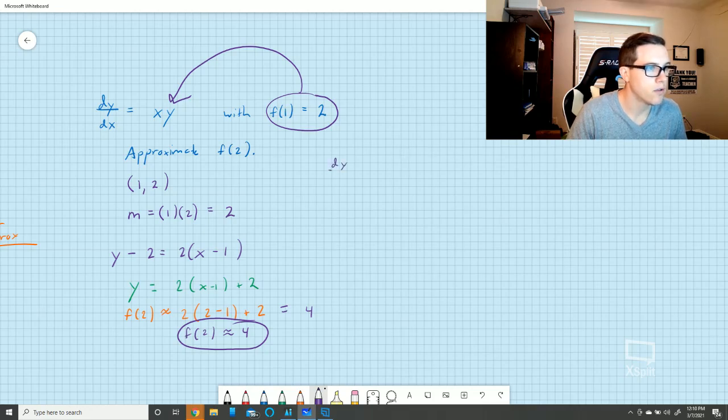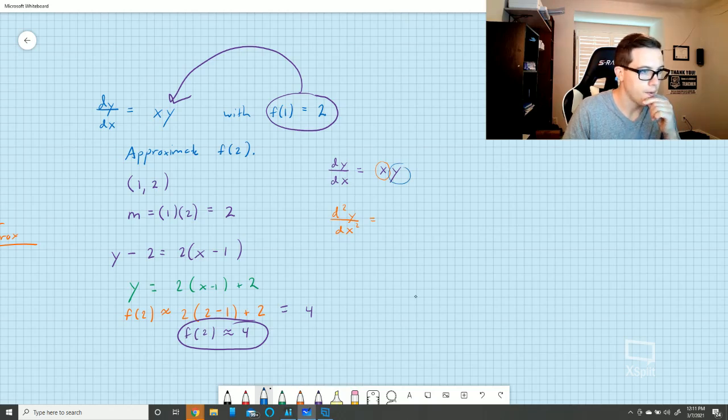So check this out. This is a nice little time to review and remember that we need to take the second derivative using, do not forget the very important things like product rule. We have one function, we have another function. So derivative of the first, derivative of x is 1 times the original second, plus derivative of the second, which is 1, but you took the derivative of a y term, times the original first.